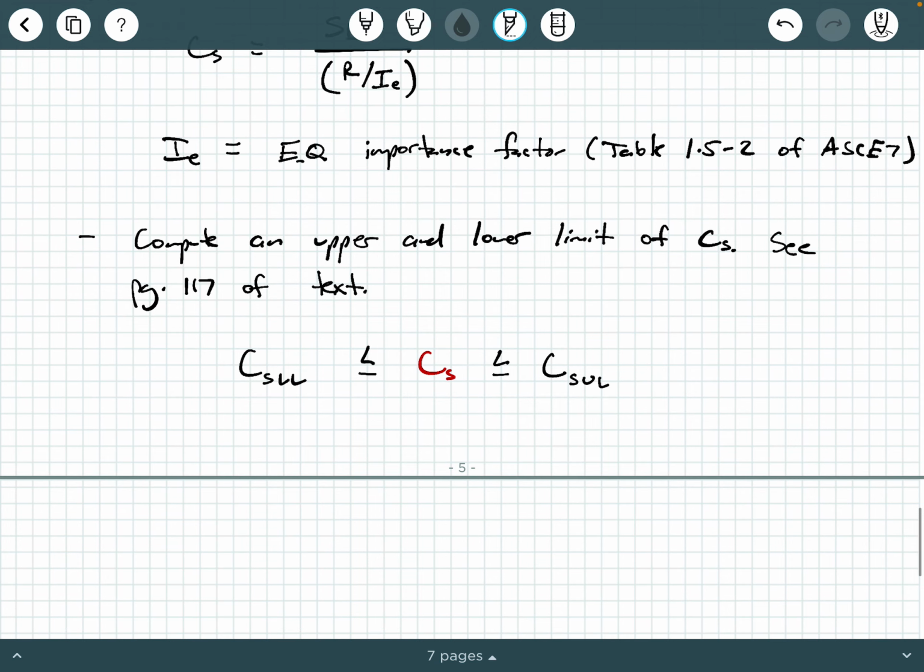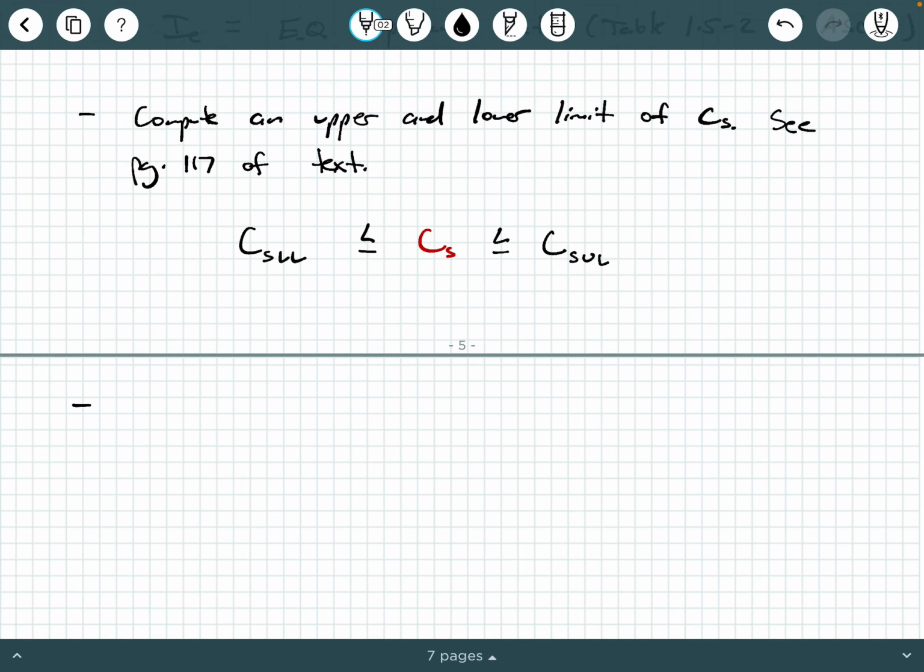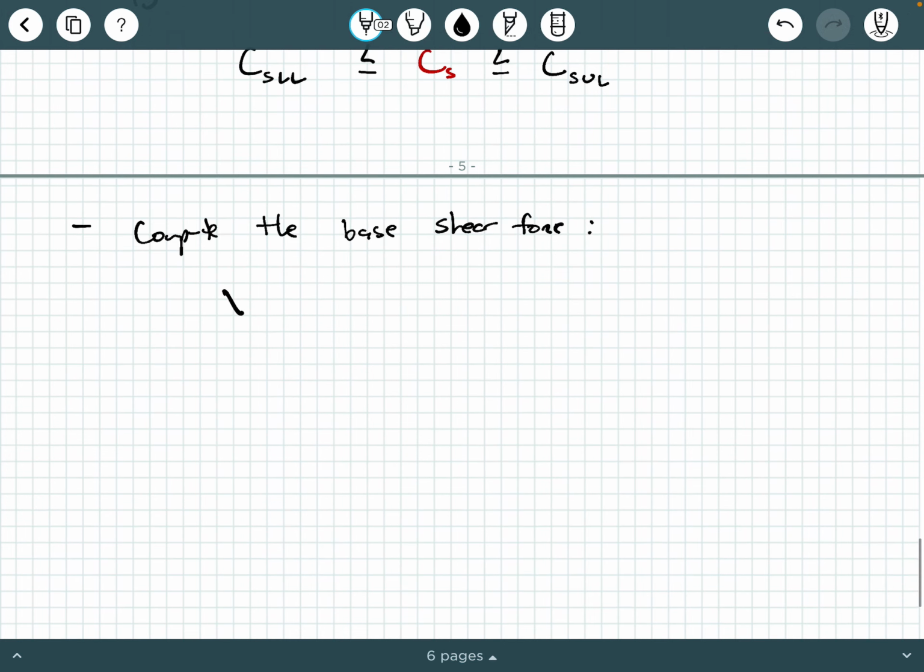Okay? And then the next thing we do, we're almost done. We're going to compute the base shear force. And if you remember, this is going to be V. And we say V is equal to C sub S times W. Well, you know what W is.